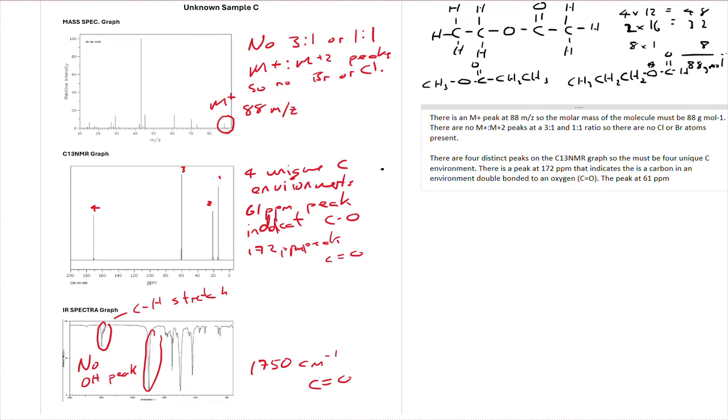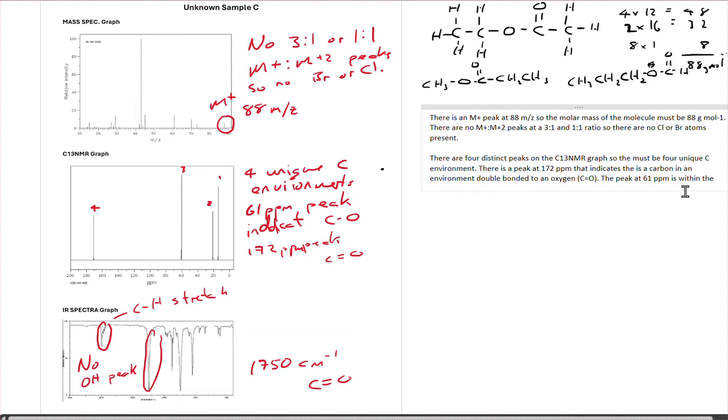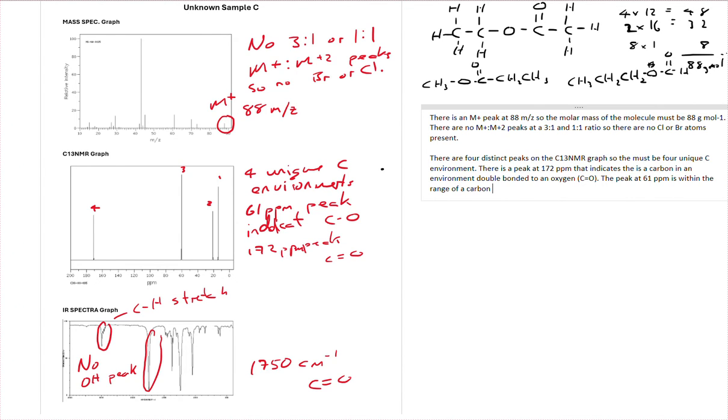So the peak at 61 is within the range of a carbon bonded to an oxygen with a single bond. Okay, that's cool.